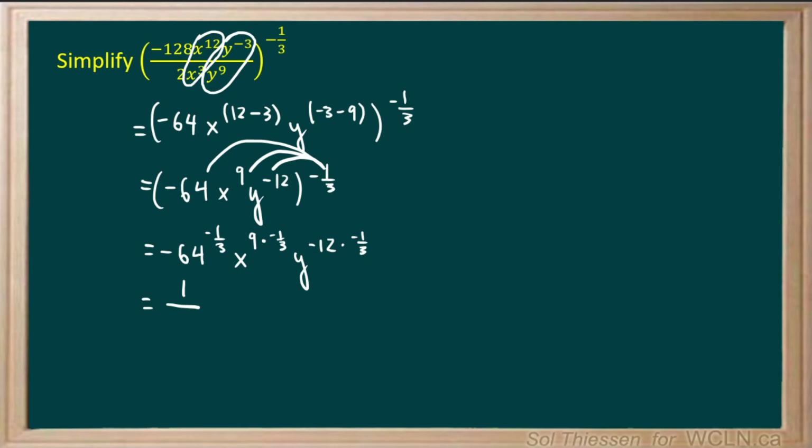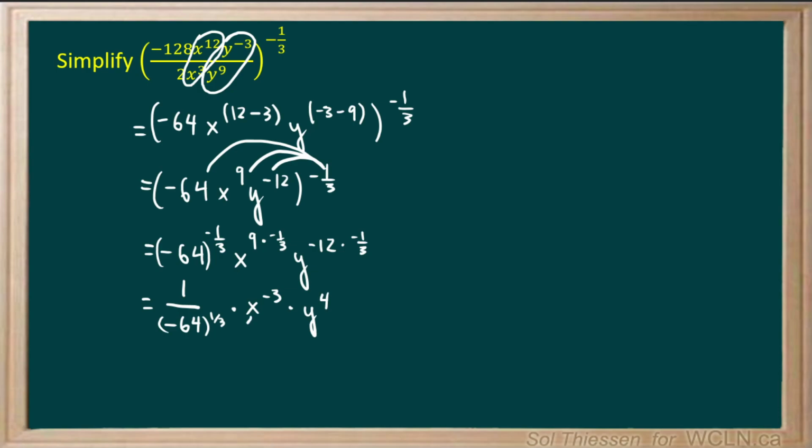So we'll take the reciprocal of negative 64. So we'll have negative 64 in the denominator raised to the power of 1/3 times x to the power of negative 3, since 9 times negative 1/3 is negative 3. That'll be times y to the power of positive 4, since negative 12 times negative 1/3 is positive 4.